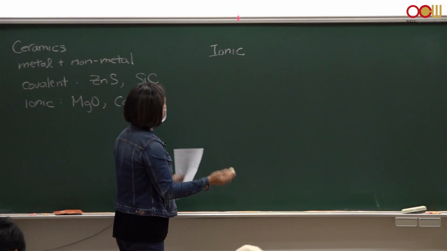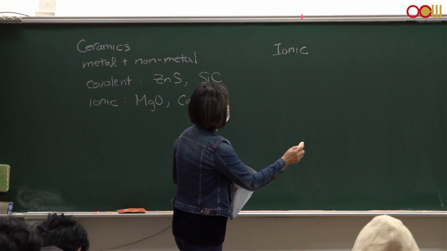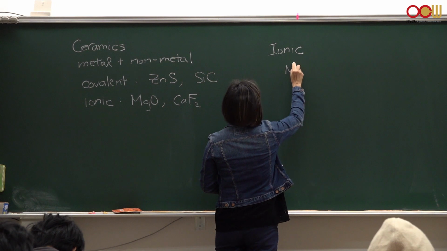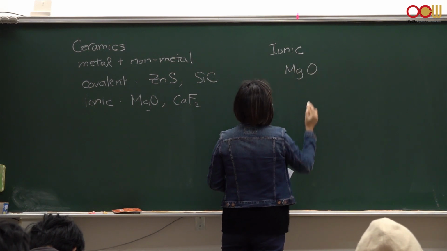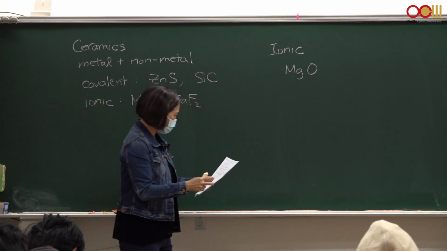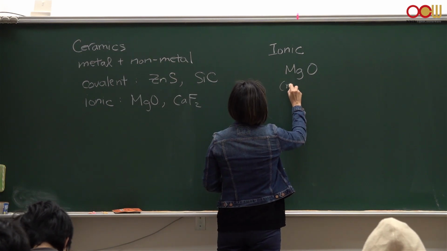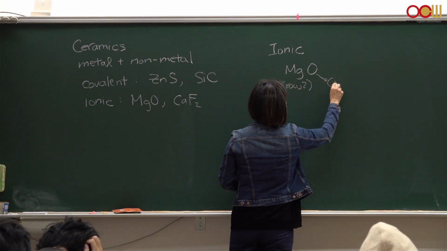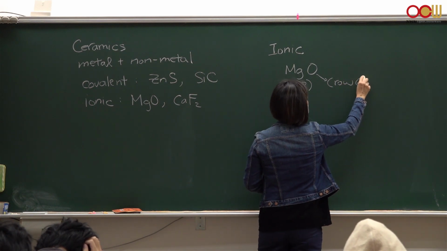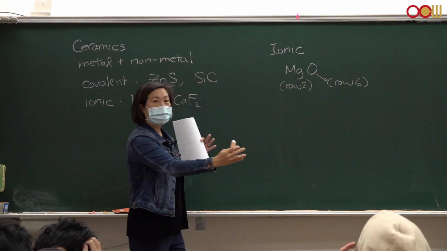When you have a transfer of electrons, let's take magnesium oxide as an example. Okay, magnesium sits in row 2, and oxygen sits in row 6 on the periodic table.